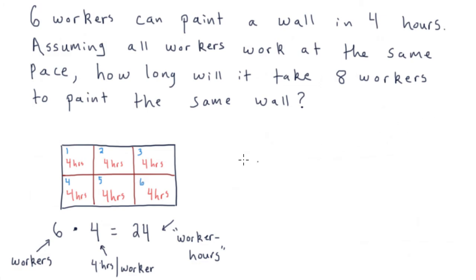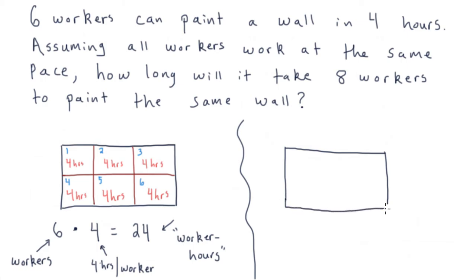Now, let me go over here and draw exactly the same wall. It's not going to be exactly the same size, but just use your imagination. And now let me partition this into 8 equal parts. So I need to draw 3 lines this way.